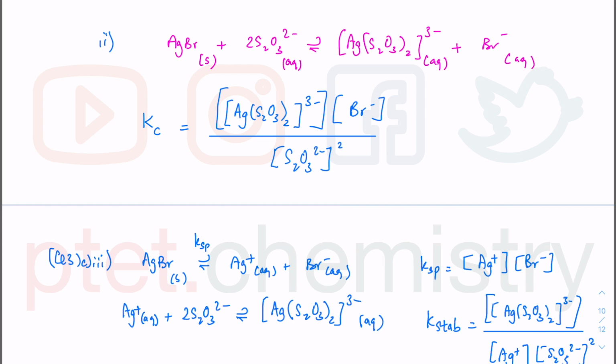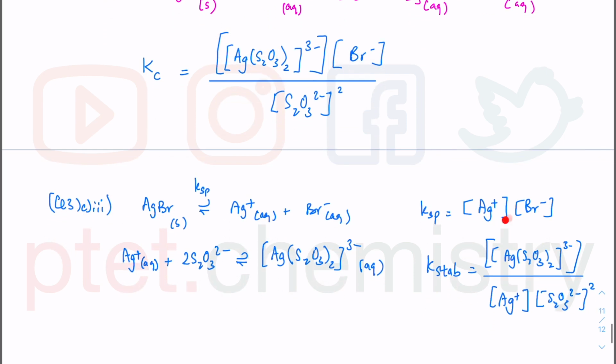So use these to show what is going on. I have Ag+ there, I have Ag+ there. They are not going to be required because there's no Ag+ concentration in Kc. So I need to try and relate these two together.